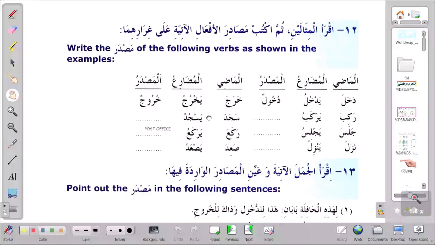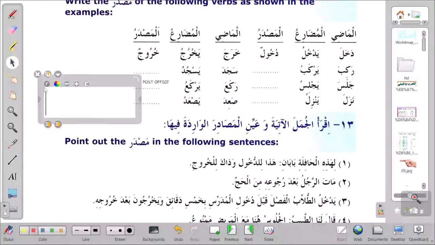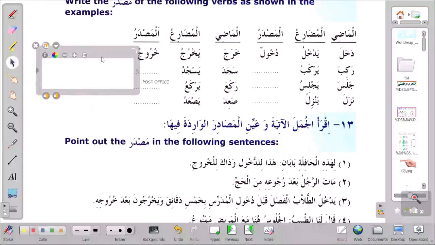Okay, so please observe. In this particular lesson, masdar comes on several awzan, several scales. But in this lesson, we are learning one scale of it, and that scale is for all. Let me write it.